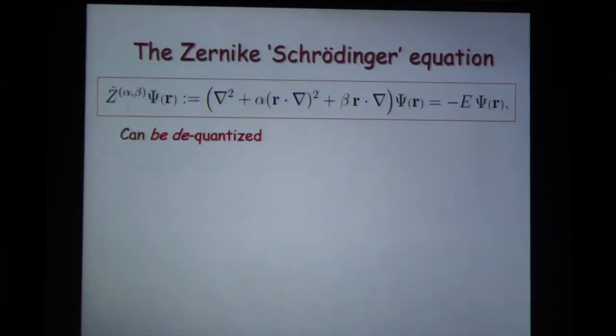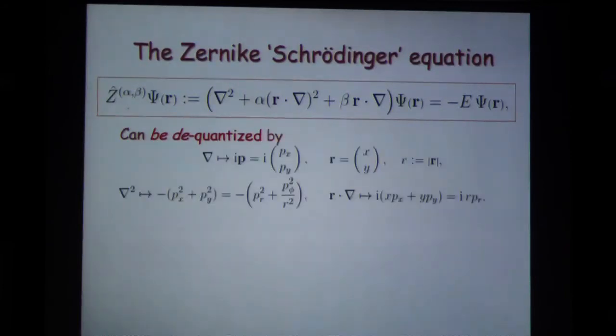And then he proceeded. Well, in the classical case, we can still keep alpha and beta open. So we can dequantize it in the following way. Whenever there's a nabla, we put i times momentum. It's a two-dimensional momentum. Whenever we see r, we put xy. So the Laplace-Beltrami on the disk is this one, and r dot nabla is this one.